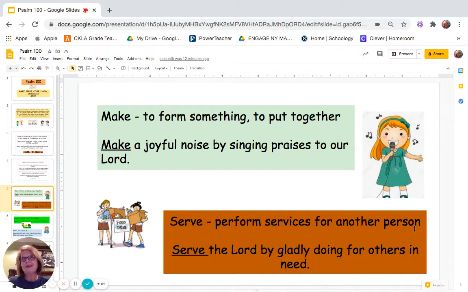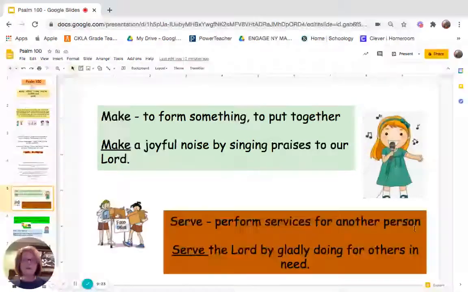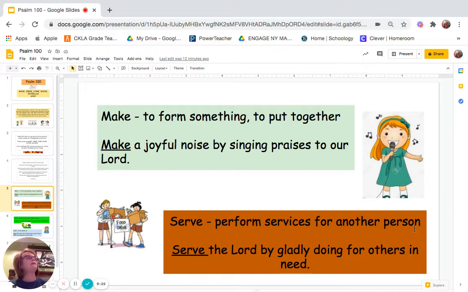Sometimes it's a little bit hard to do that now with the pandemic, but if you think about going to a drive-through restaurant, they're serving you that food out the window. They're performing a service by making your food, and then they're serving it to you by handing it to you.